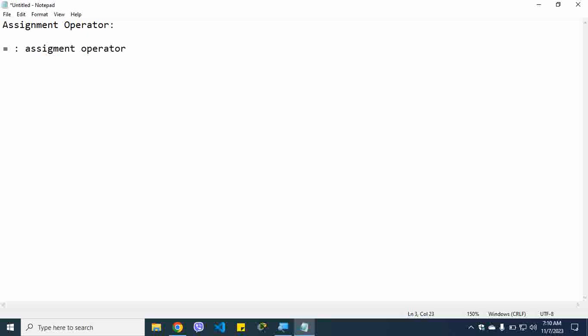Subtract from, multiply, divide by, mod by also remaining, right? Modular by. Plus then equals to sign is plus then equals to, not equal to plus.